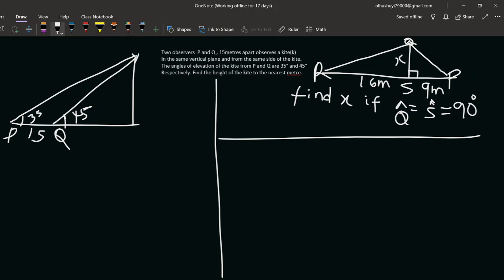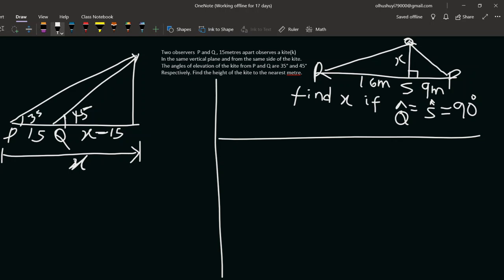This is 15. If I consider the whole of this place to be x, so this will be x minus 15.